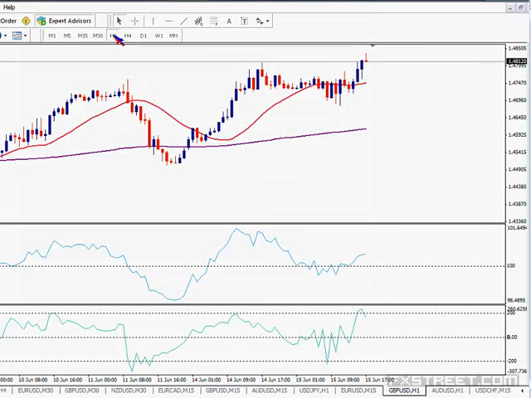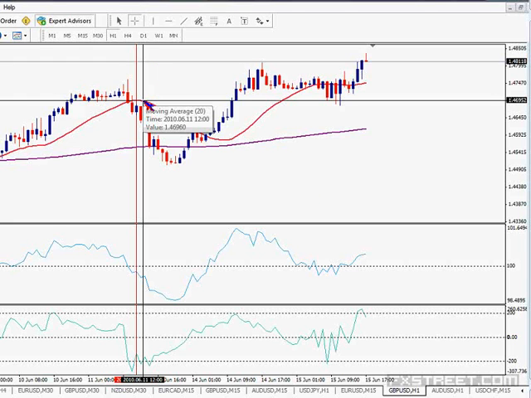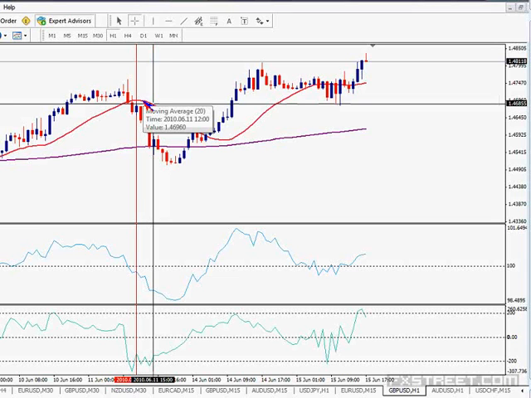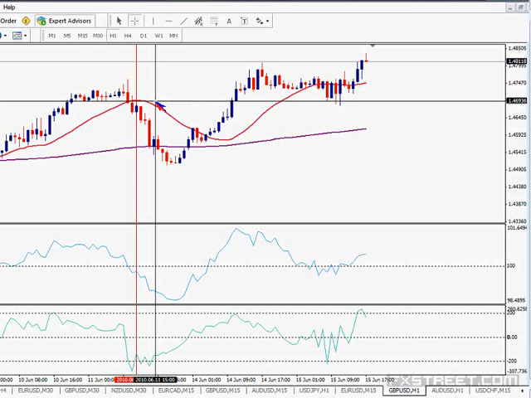If we are watching, in this particular case, 1 hour charts, and particularly for pound dollar, if we have a pullback, like in this case we were marking around here, I will expect that pullback to extend to the 20 simple moving average. That will be my first level to watch.